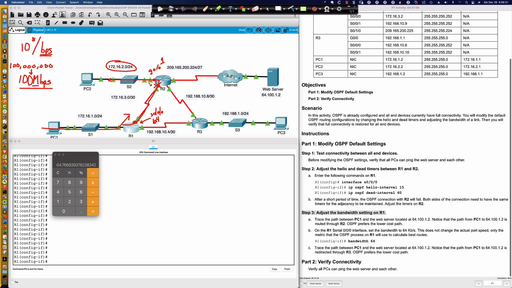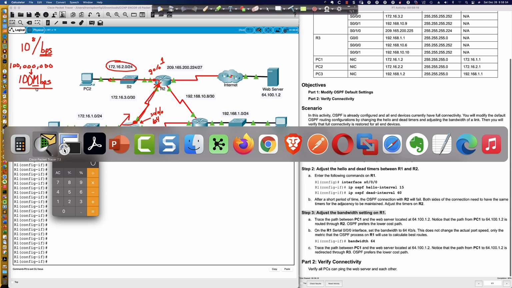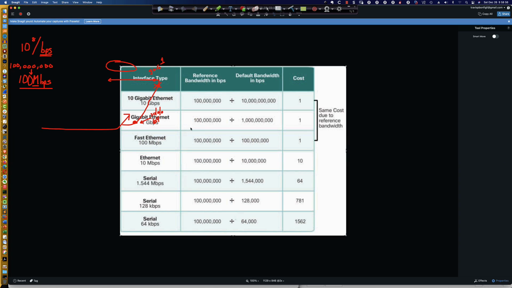And so let's go ahead and confirm that with the gigabit 0/0 interface here. So if 100 megabits is 100 million, and a gigabit is 1,000 megabits, and this is where some of the older books, I'll actually pull this chart up that we have here.